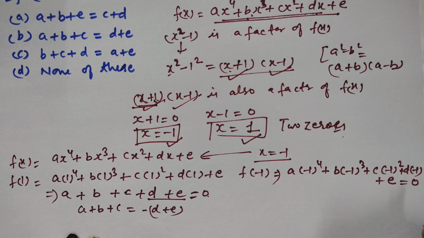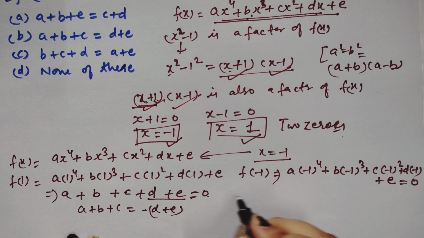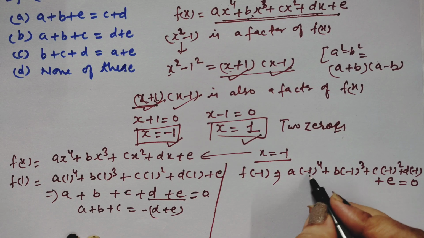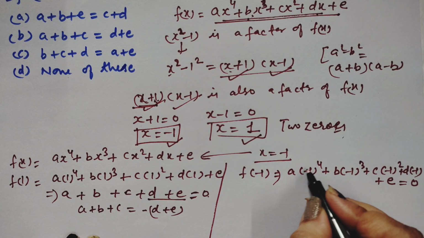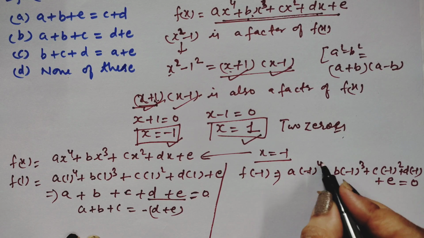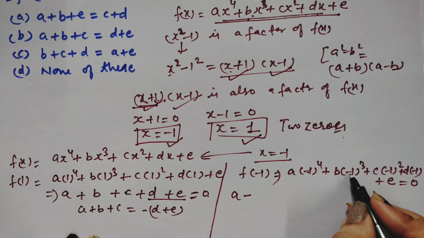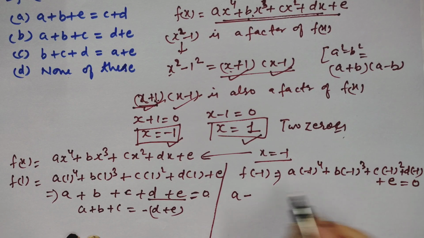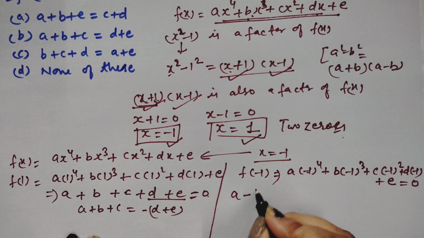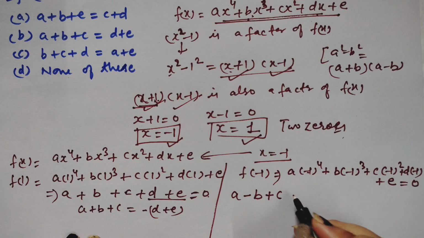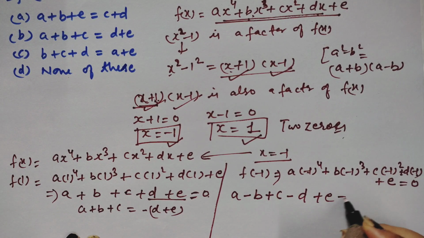Minus 1 power 4 is positive because the power is even, so it is a. For a negative number with an odd power, the sign of b is negative, the sign of c is positive, and the sign of d is negative, plus e equal to 0.